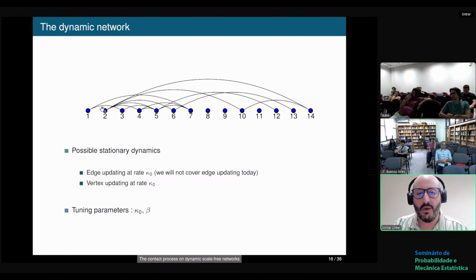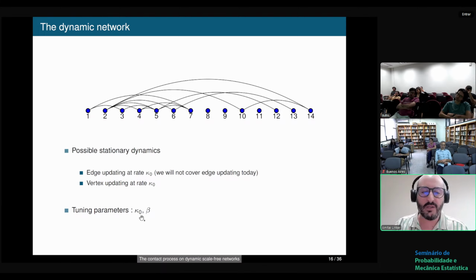Edge updating, in which you select every possible edge and update it at a certain rate, and you just resample it. But this is not going to be something that we will be covering today. And the other one is vertex updating. Vertex updating is a dynamic in which you select a vertex at a certain rate, and when you select it, you just resample its whole neighborhood.